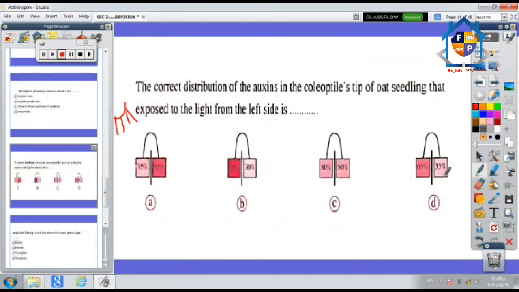Yes, it will be distributed in the far part with the larger ratio, which is 65%. The amount of auxin here is larger than here, as it is positive phototropism, increasing the rate of growth on the outer surface of the stem. Okay, so we'll choose A.